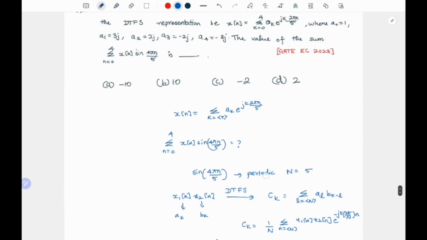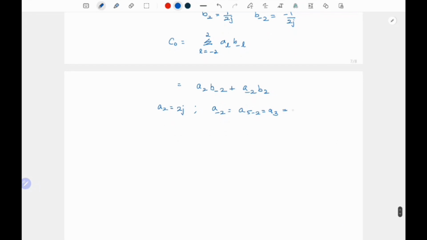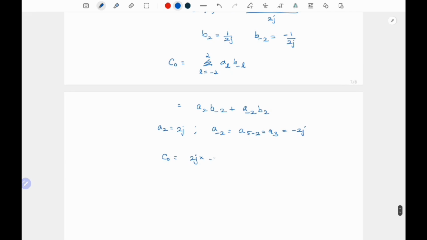What is my A3? Minus 2j. So my c0 is nothing but 2j into minus 1 over 2j plus A minus 2, which is minus 2j, into 1 over 2j. So this will give me minus 2.